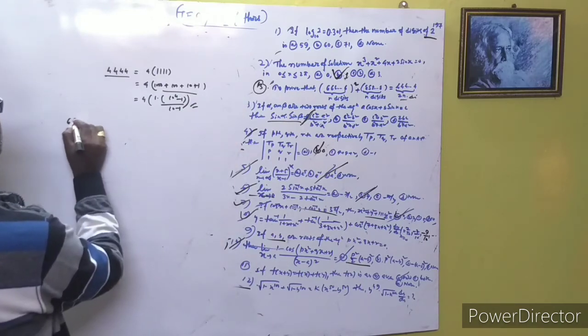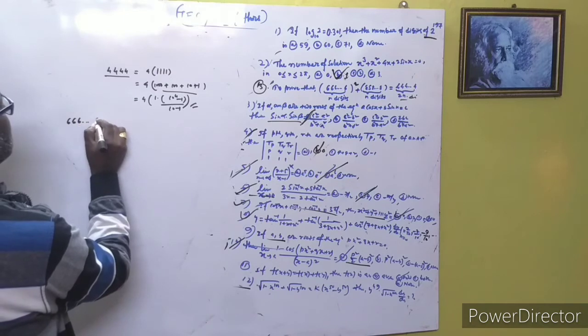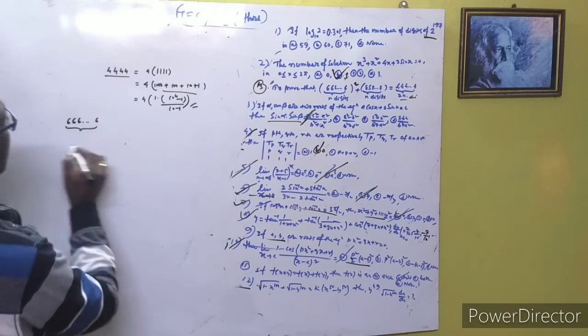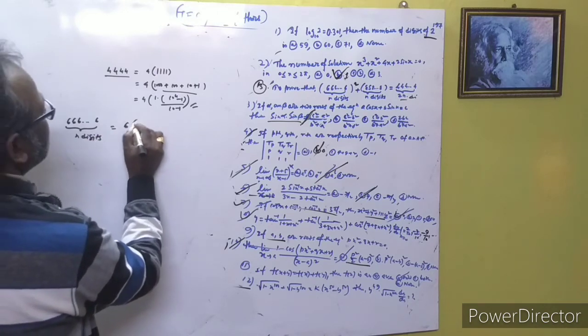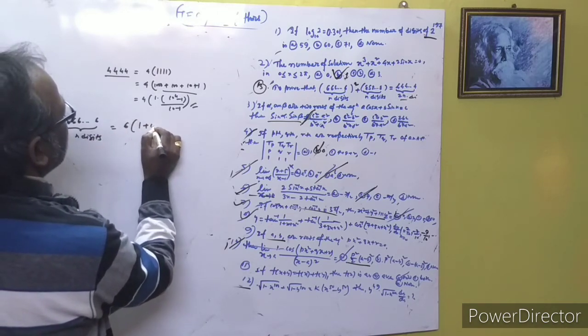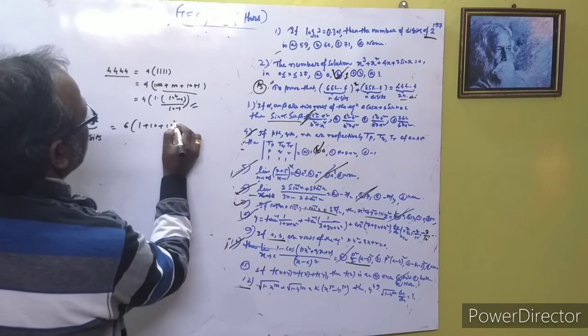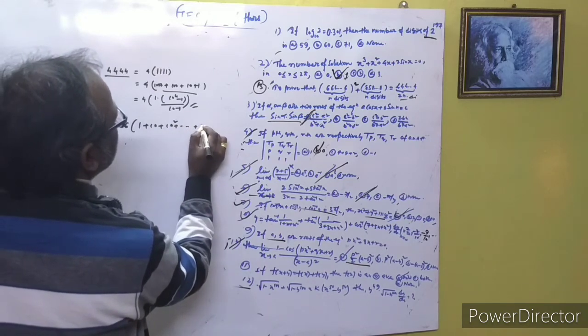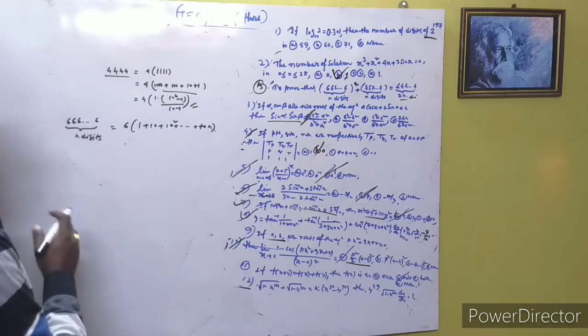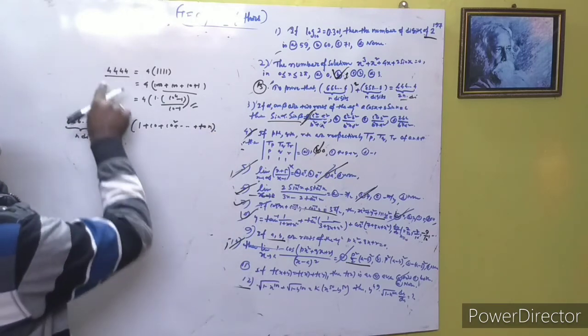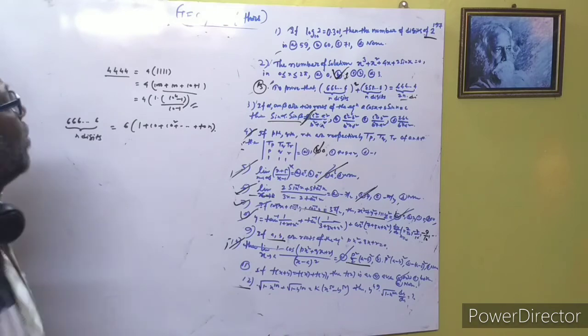Now 666, and this is the n digit. So 6 times (1 plus 10 plus 10 square and so on, up to the nth term). The number of digits is expressed as the number of terms there.